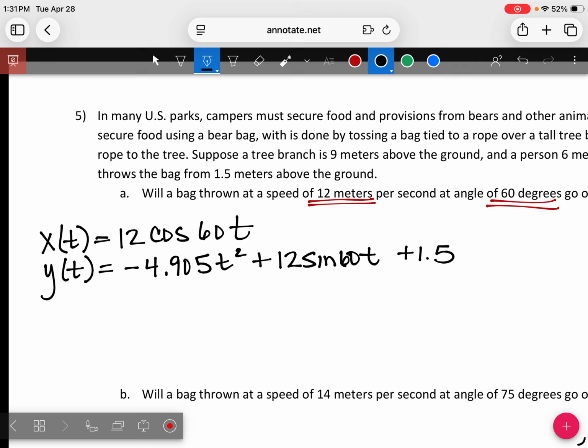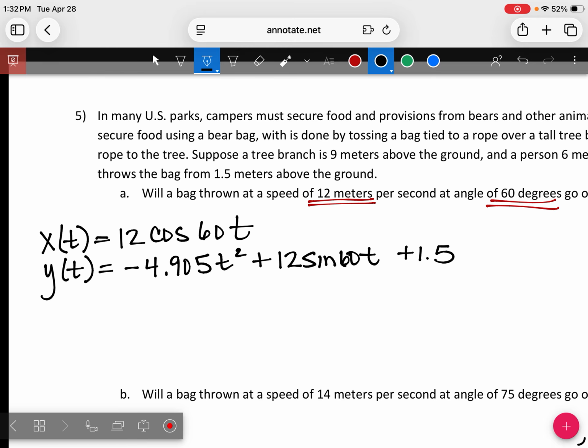So we need to figure out the time it takes for it to travel to the branch, not the time that it takes to hit the ground. So I'm not using my y parameter. I want to know the time it takes for it to hit the branch. Do I know how far away the person is standing from the branch? 6.